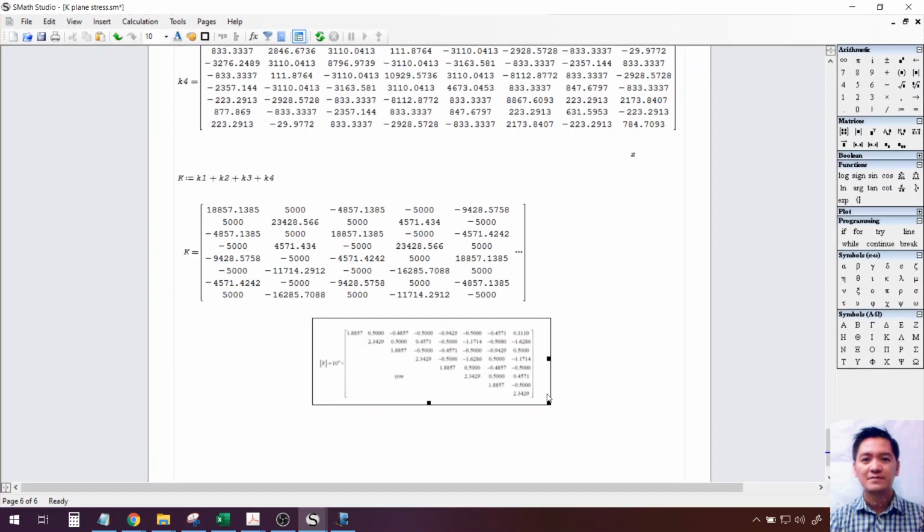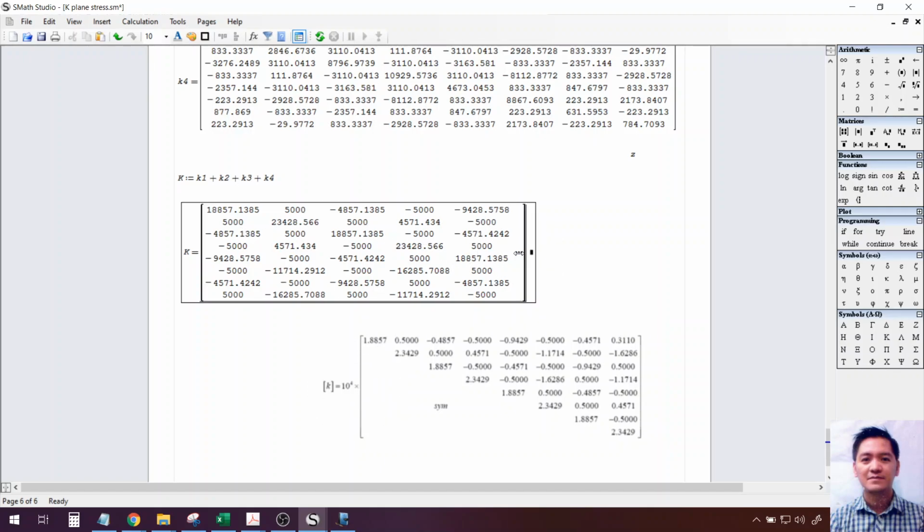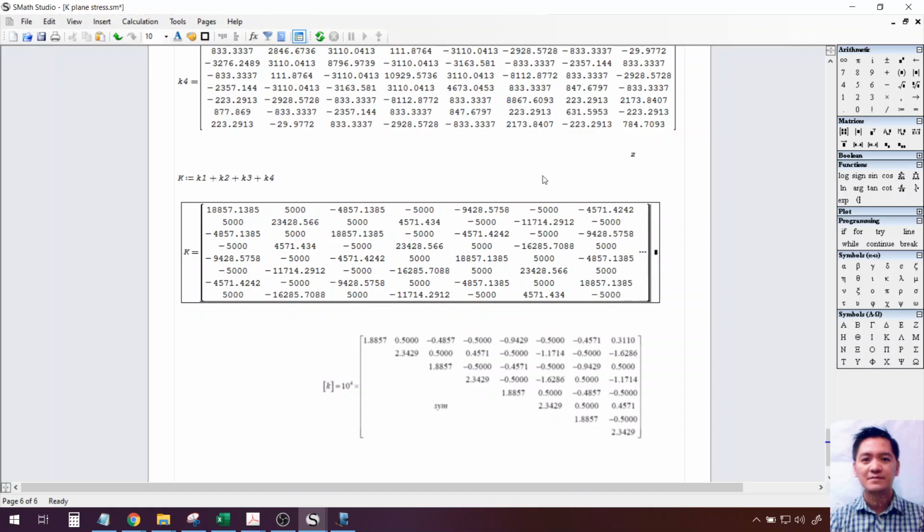Anyway, maximize. That's it. Sakto naman, no? Naka 10 raised to 4. Naka-multiply pa siya sa 10 raised to 4. So, definitely, parehas sila ng value. Ito, kailangan mo pang expand. Yan. Expand. Okay? So, that's it. That is a SMATH implementation ng plane stress using rectangular isoparametric element.